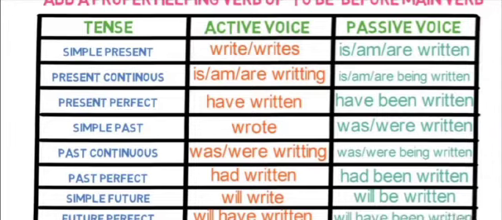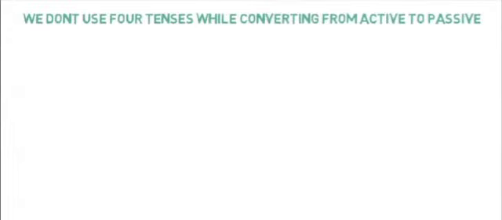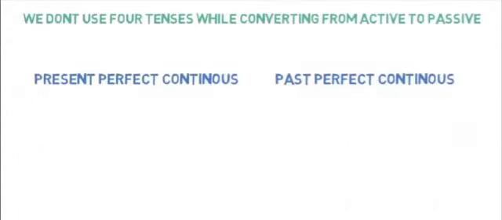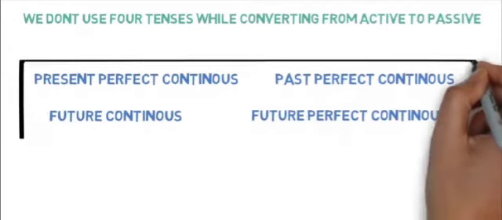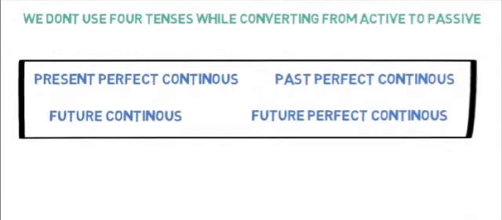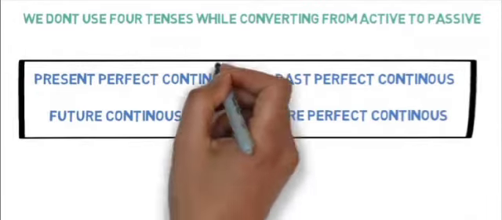Now you must have noticed here we don't use four tenses while converting from active to passive. That is the present perfect continuous, past perfect continuous, future continuous and future perfect continuous, as in English grammar it is not grammatically correct.